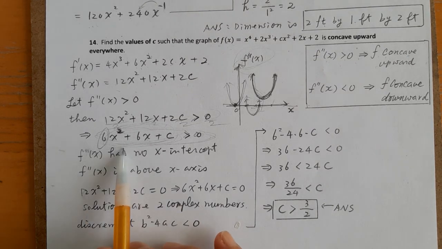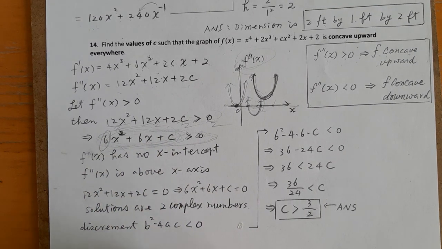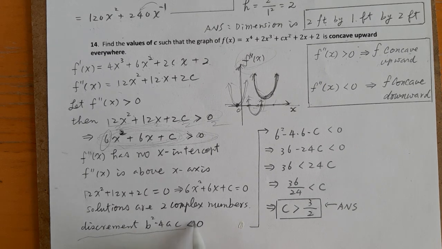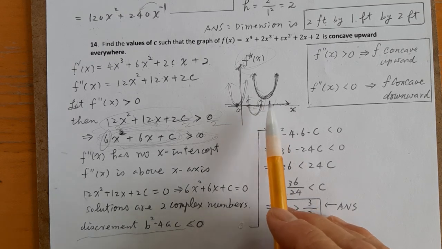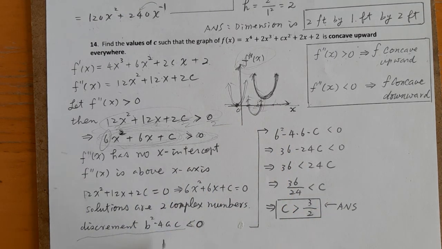That means you take the quadratic discriminant, b squared minus 4ac, which needs to be less than 0. Then this function has no x-intercepts, and f double prime of x is above the x-axis.